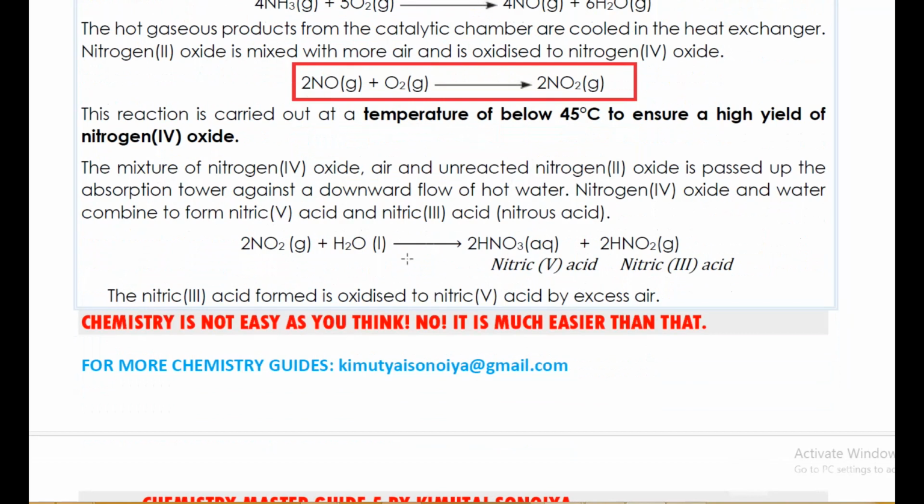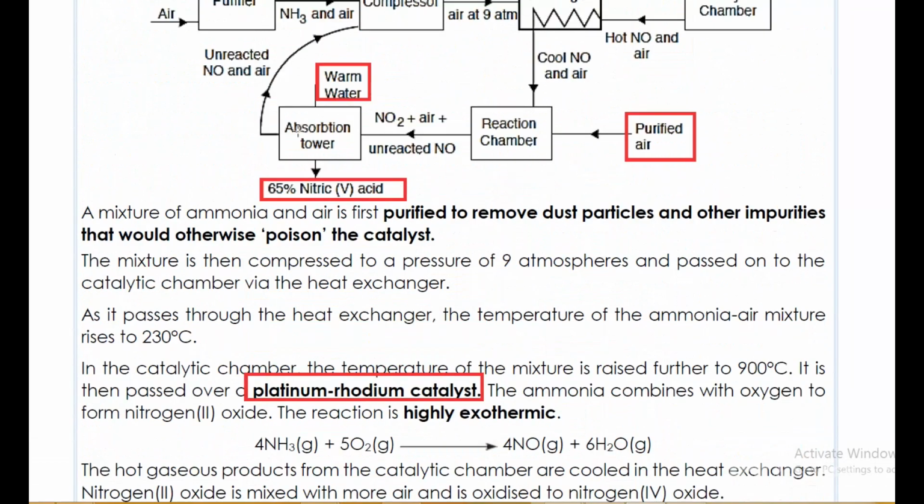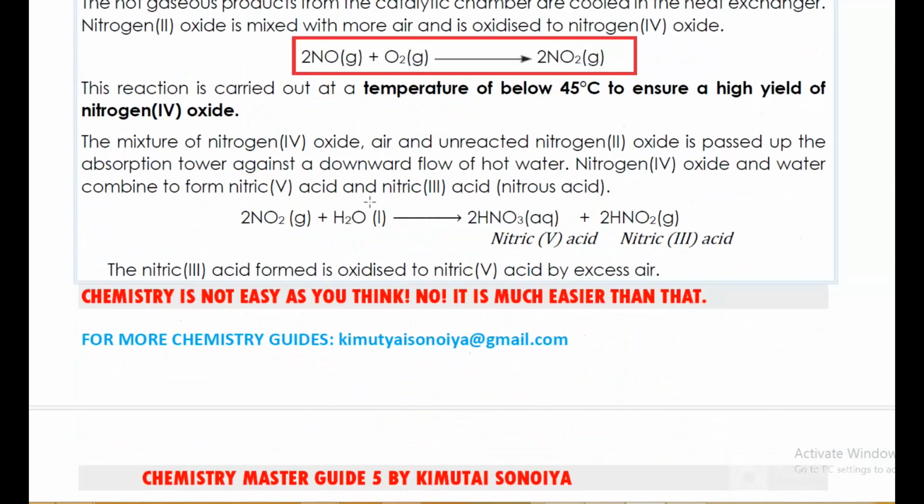What else is very important here? Now it is the reaction in the absorption chamber, in the absorption tower. In the absorption tower now, nitrogen 4 is added to water to form nitric 5 acid and nitric 3 acid.